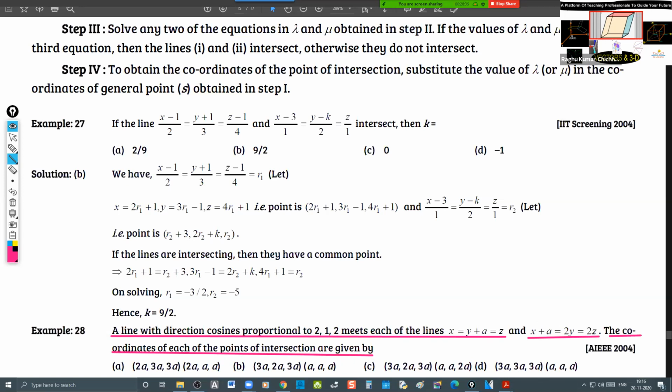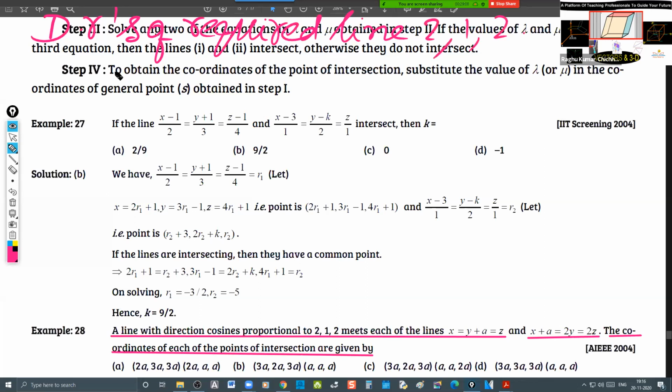Direction cosines of the line are given to be 2, 1, 2. The DRs of a line are proportional to 2, 1, 2.